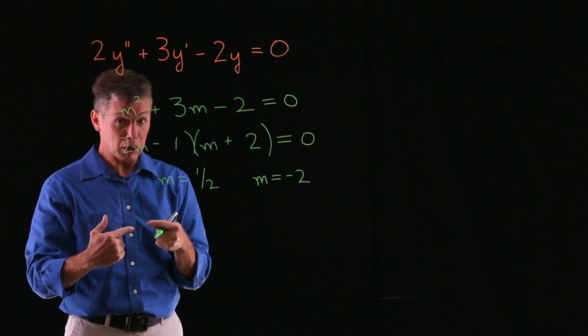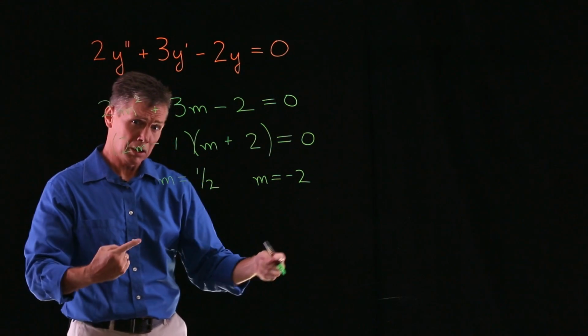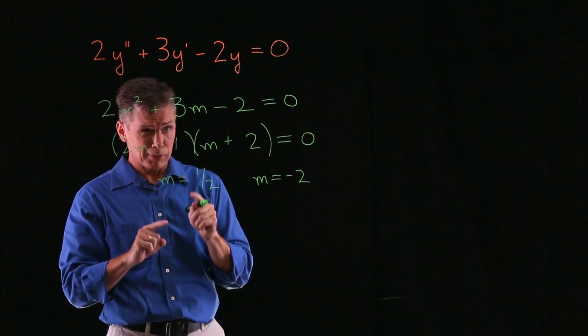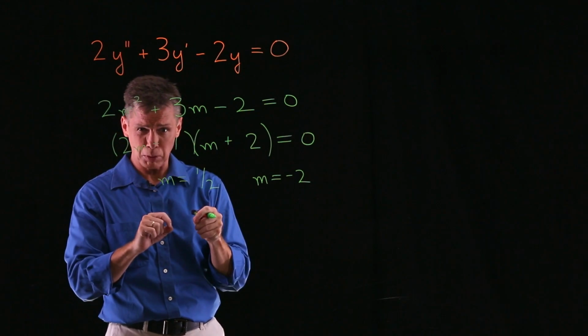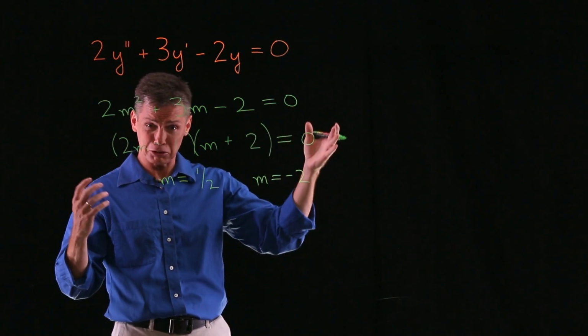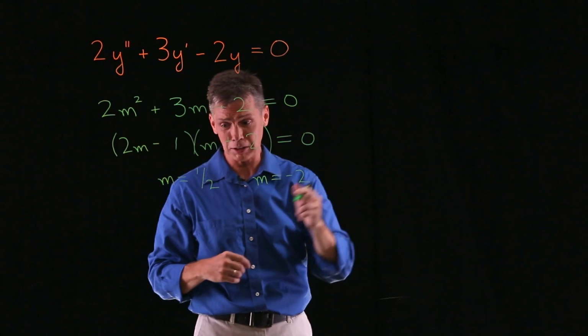And the way that ties into our differential equations then is that these two different values for m actually become coefficients to the exponents of an exponential expression. And that's a lot easier for me to write than actually say. So let's see this over here.